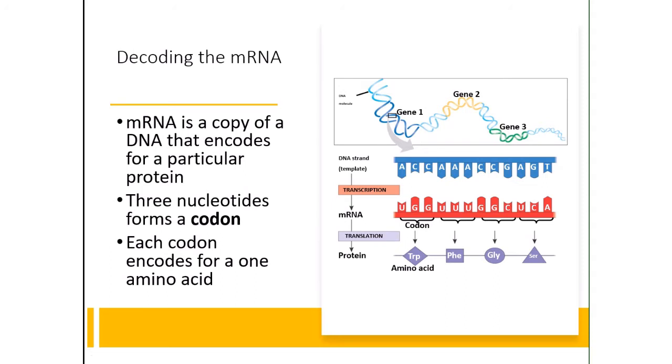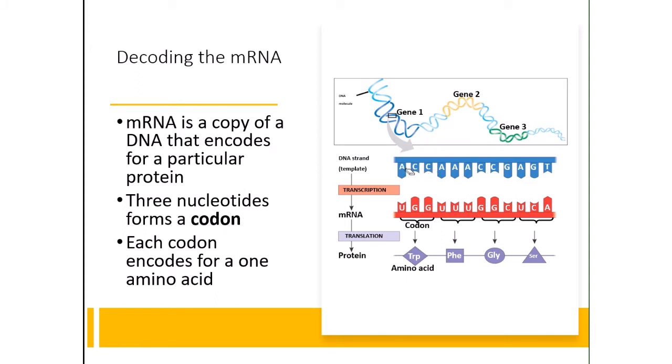You should know by now that the mRNA is actually a copy of DNA, and that segment of the DNA is a gene that contains instruction for making a particular protein. So it turns out that in the DNA code, three consecutive nucleotides make up what we call a codon.